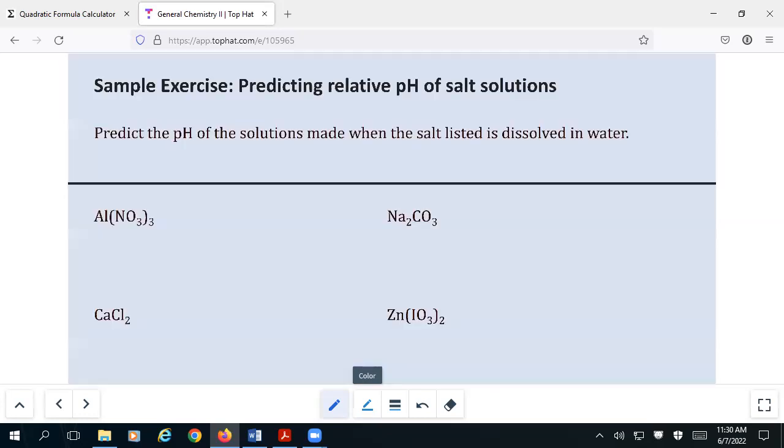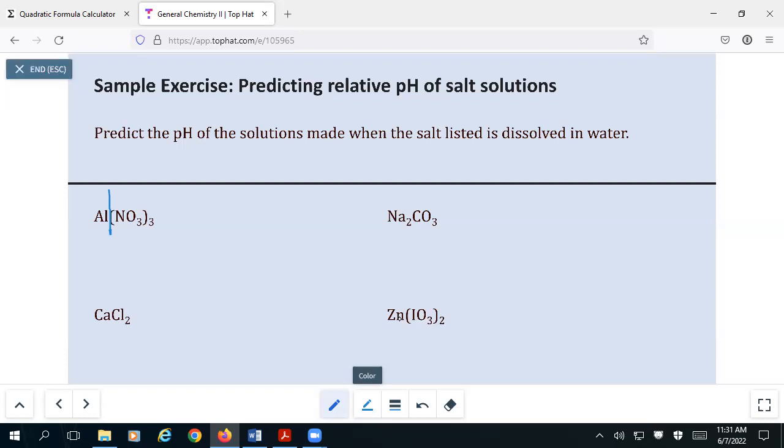So let's look at an example of this. All I want to do here is predict the pH. Is it going to be acidic, basic, or neutral? And all I need to do is split these salts down the middle, separate the cation and the anion from each other.